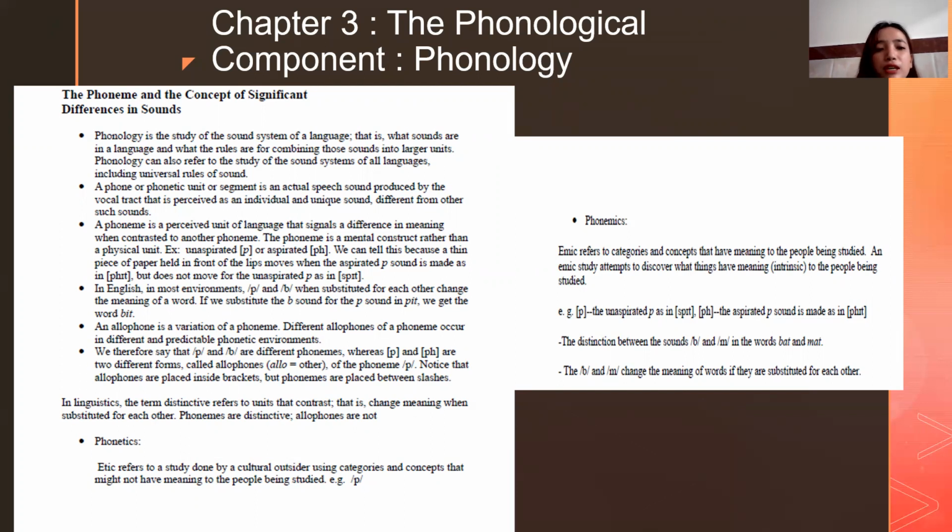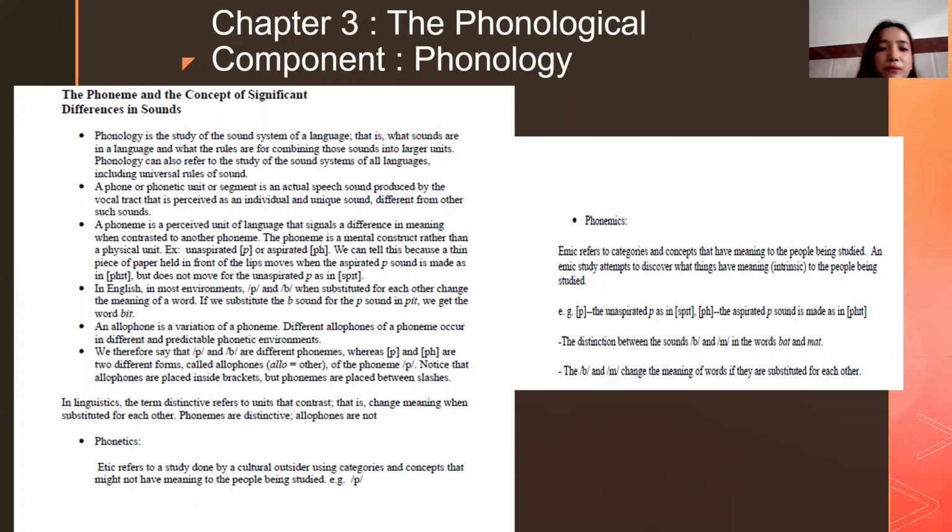And a phone, or we can say a phonetic unit or segment, is an actual speech sound produced by the vocal tract that is perceived as an individual and unique sound, different from other such sounds. A phoneme is a perceived unit of the language that signals a difference in meaning when contrasted with another phoneme.